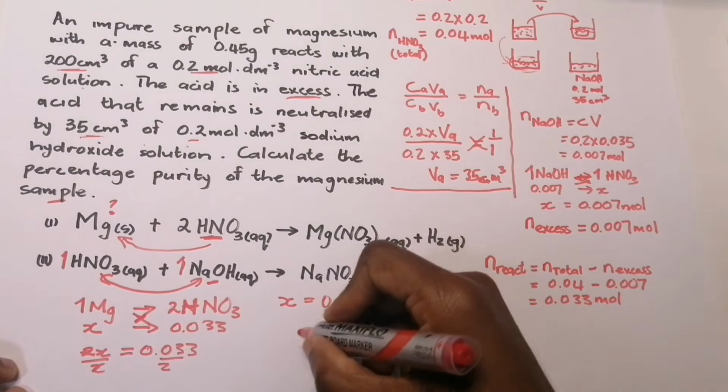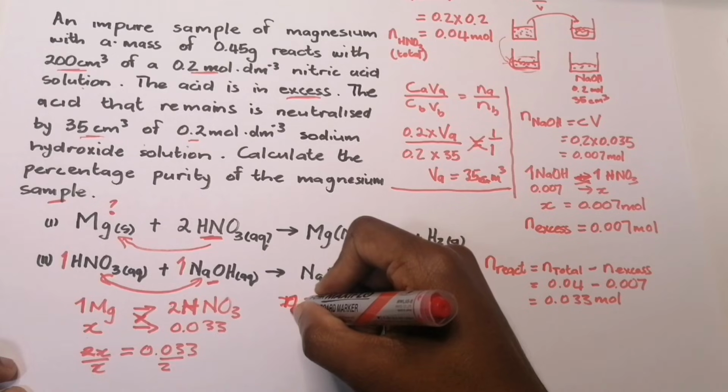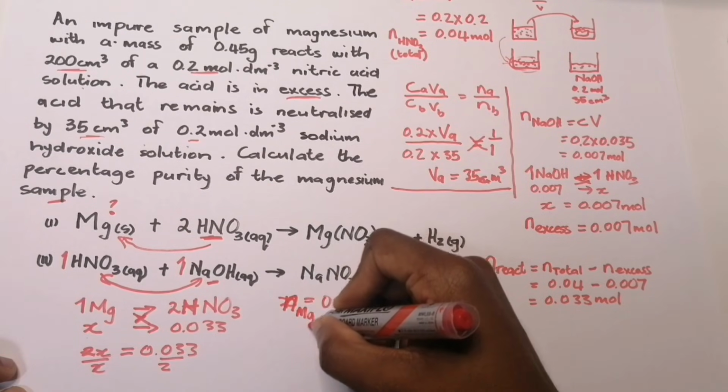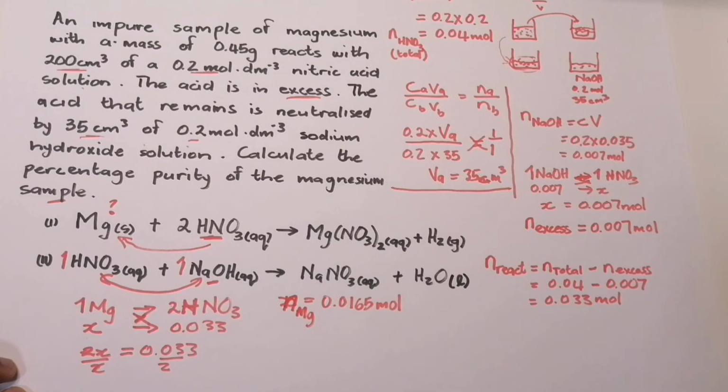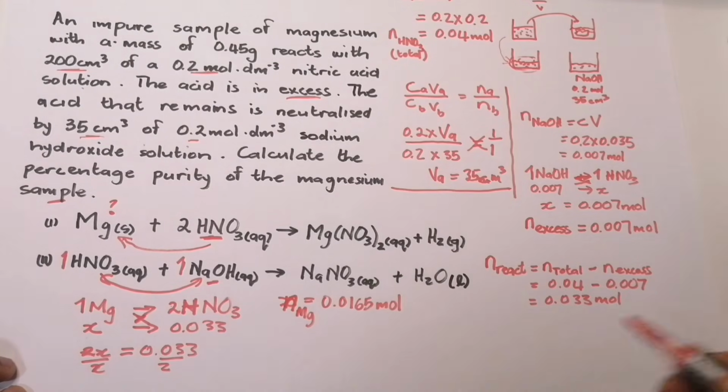All right, so now can I get the mass? Let me just write it as number of moles there. So the number of moles of magnesium. Is it possible for me therefore to determine the mass of the magnesium?